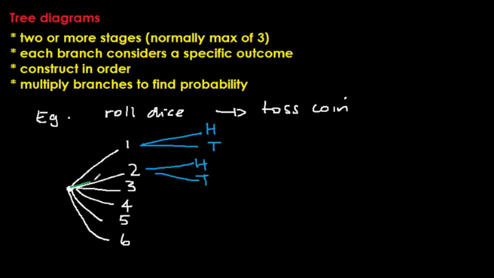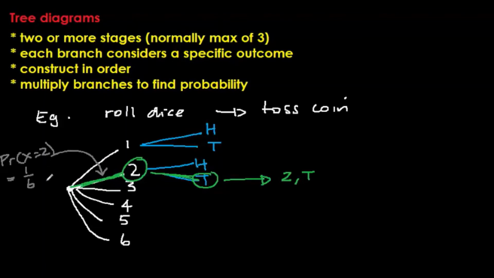What ends up happening is I can follow branches. For example, if I roll a 2 on the dice, then I toss a tails, then this green branch is my 2, then tails. I can then calculate the probability by multiplying each individual event's probability. So the probability that my outcome on the dice is a 2 is 1/6.